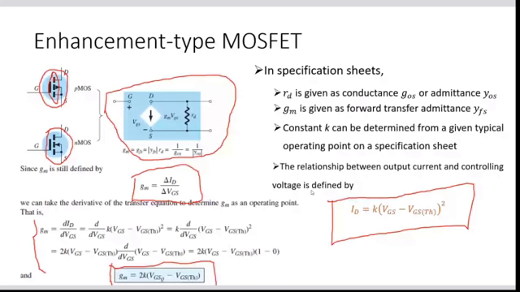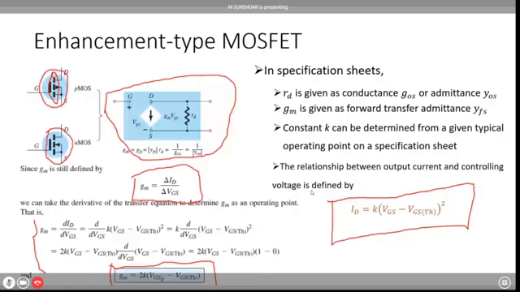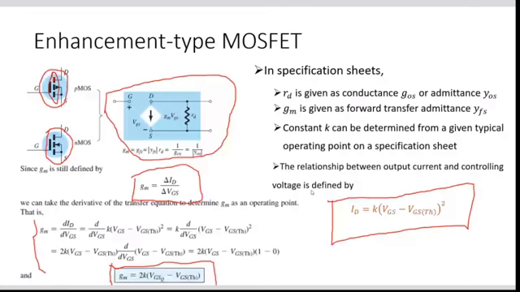So these are all the things you have to notice. In the sums, mostly RD is not directly given, and gm won't be directly given, that is for sure. You will be given GOS or YOS or YFS, and you have to find the relationship between them.